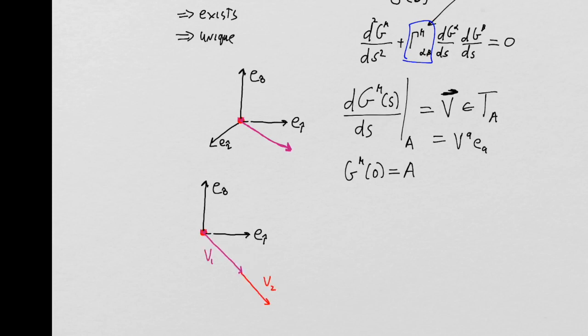Here, I just redrew it. So we've got V2 is the longer one and V1 is the shorter one. Now we're just sort of pushing it all on this plane. So there's some geodesic that is described by these 2 vectors.